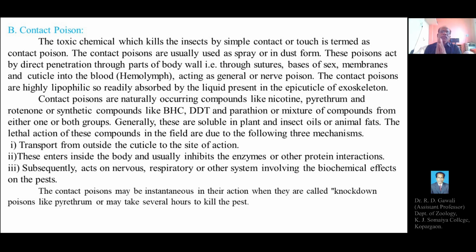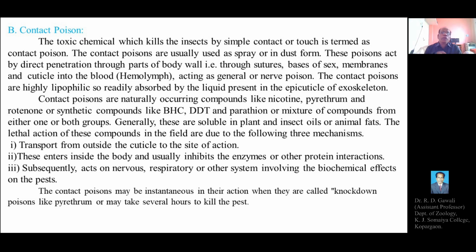Generally, these contact poisons are soluble in plant and insect oils or animal fats.